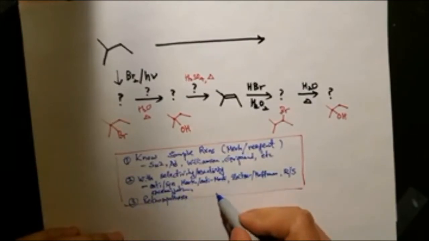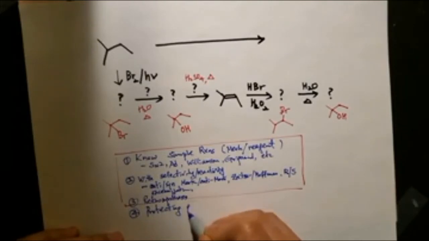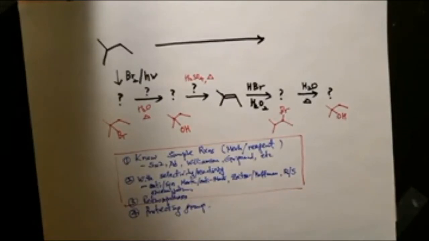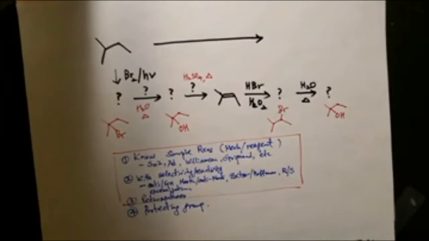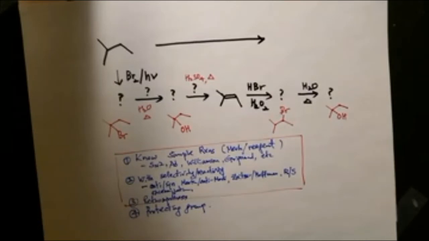In the future, soon, we should be doing protecting groups, since realistic molecules, such as amino acids, have multiple functional groups, right? An amino group, a carboxylic acid group, and the side chain could have other functional groups as well. Those functional groups interfere with reactions on other functional groups, so you sometimes need to protect them.